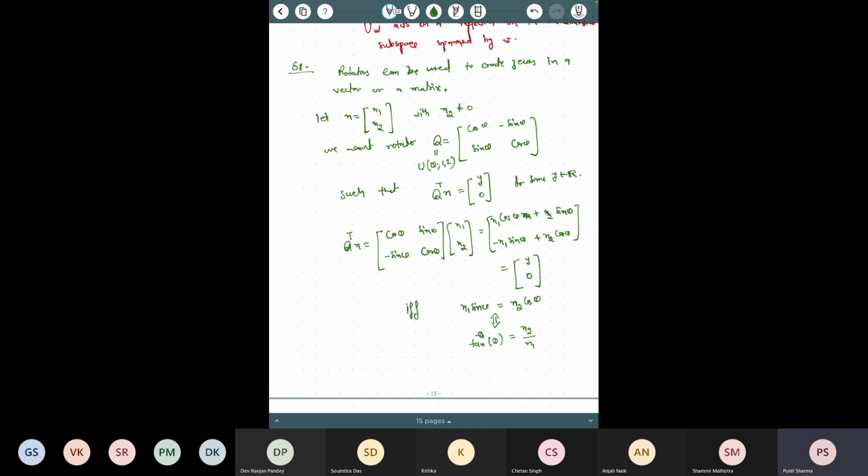From here you can find theta, substitute it in Q, and this would be the matrix Q that creates 0 in this vector x.